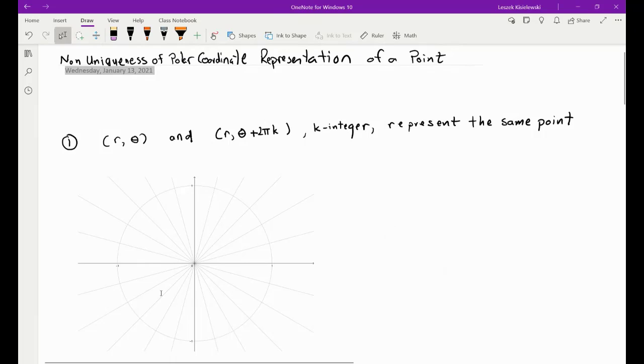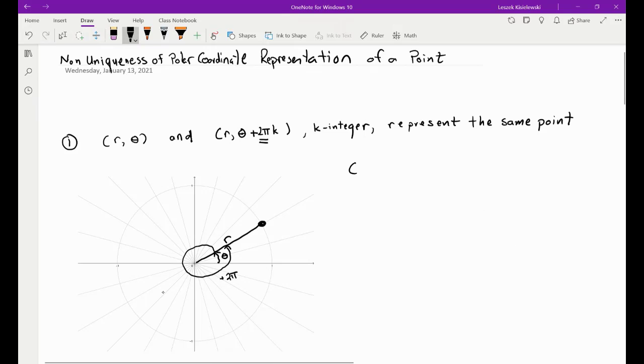cosine and sine have a period of 2 pi, if you have a point with a radial measure and a theta, if you let theta go all the way around, make a full revolution, so that's an additional 2 pi radians for a full revolution, you would end up at the same point on our circle, right?